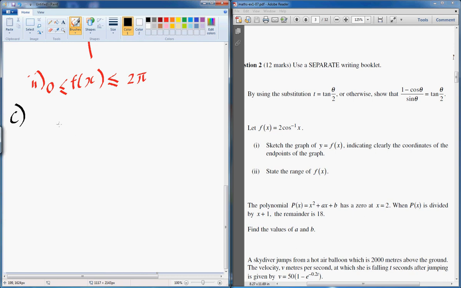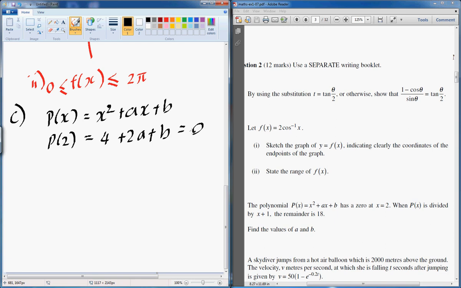Okay. These questions are pretty common. So you need to find the values of a and b. Find the values of a and b. So p(x) is equal to x squared plus ax plus b, and this is 0 at x equals 2. So the polynomial at 2, so in this case 2 squared is 4 plus 2a plus b is equal to 0.